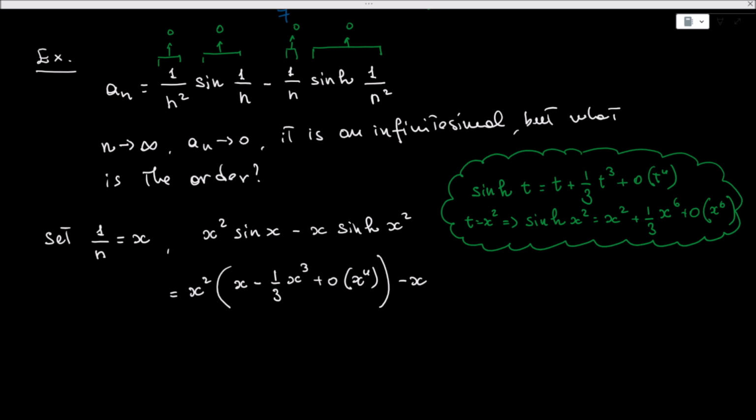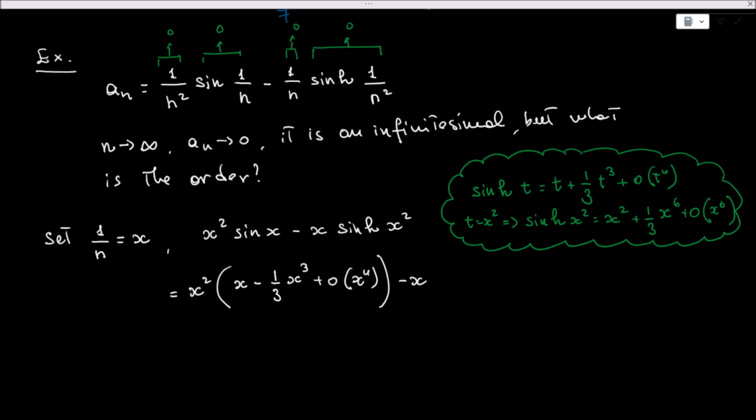Now, consider one thing. Because we are looking at an infinitesimal, we know that we want to focus on the lowest power of x. So the first term that will not be cancelled by our Taylor expansions is the one that counts.